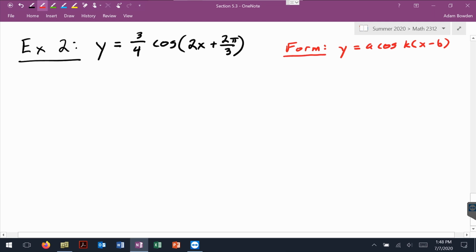But the difference here is where the k is located. Notice the k is in front of the parentheses. But in our case, there's a 2 inside but not in front of the parentheses. So what I'm going to do first is factor out the 2.